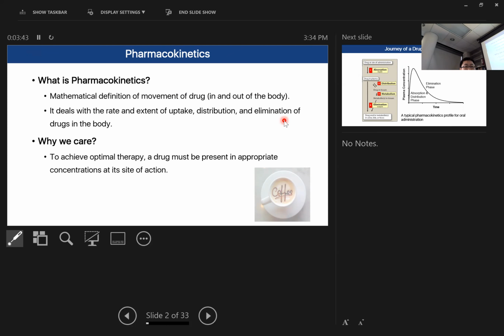So why do we care about this? Essentially we want to achieve optimal therapy, because if you don't have drug, nothing is gonna happen. This is a key difference when people develop a compound that works in cell culture, in the plastic dishes. I always say making things work in the culture dish is a lot easier than making it work in mice, because to kill cancer cells, you can just pour sulfuric acid in there or whatever.